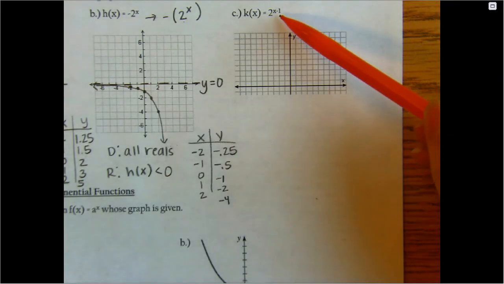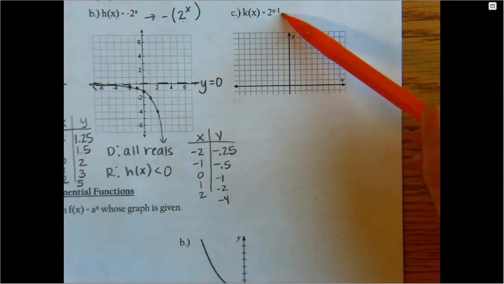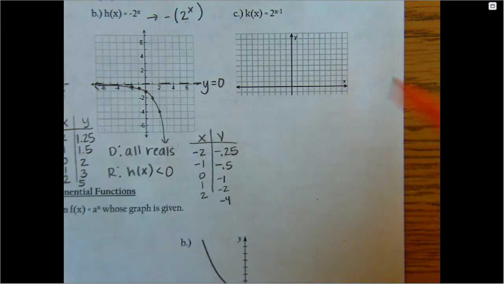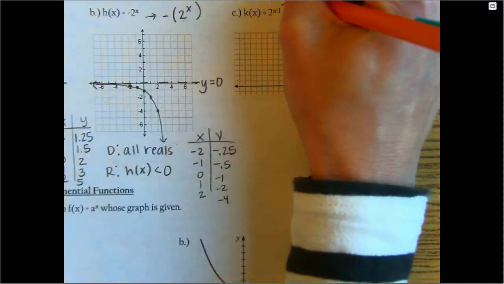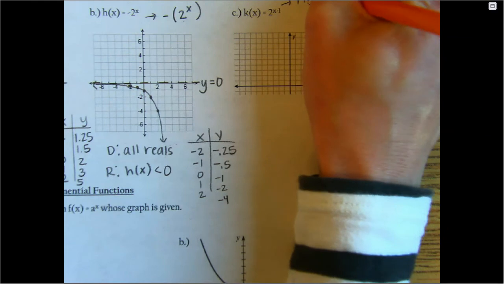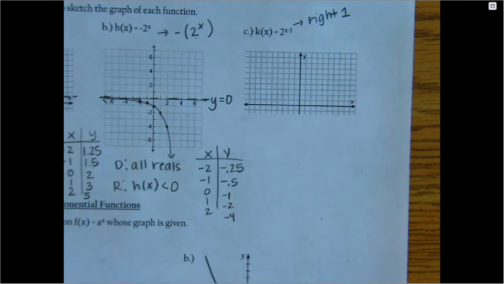Okay. All right, and then this last one right here, so k of x. So again, think about the transformations. Now we're changing x. Since we're subtracting, we're taking our exponential function 2 to the x and shifting it right 1.